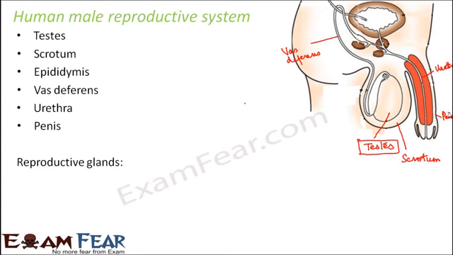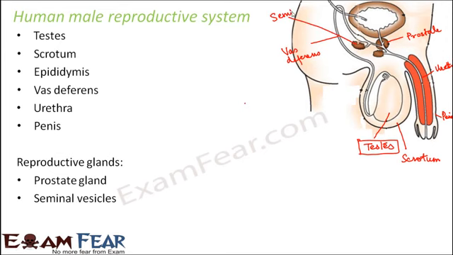And besides these, there are a few very important reproductive glands. What are the reproductive glands? They are the prostate gland. So where do you have the prostate gland? This is the prostate gland. There is another gland called seminal vesicles. So where do you have the seminal vesicles? This is the seminal vesicle.